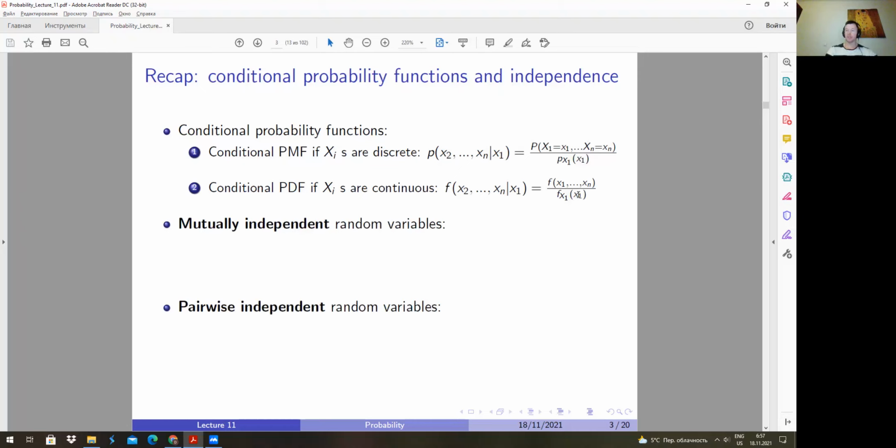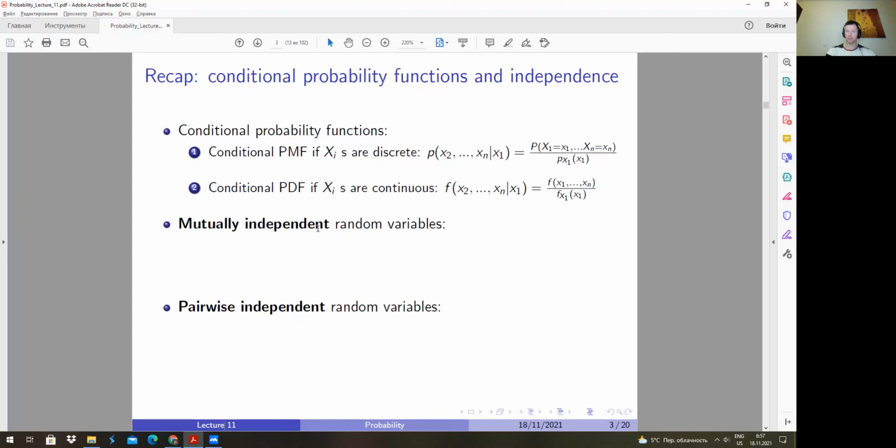So we can introduce the idea of independency, and if you remember, the idea of independency was introduced for 2 variables. It was in the last lecture. So now when we have more than 2 variables, we can introduce 2 notions of independency. There is mutual independence and pairwise independence.